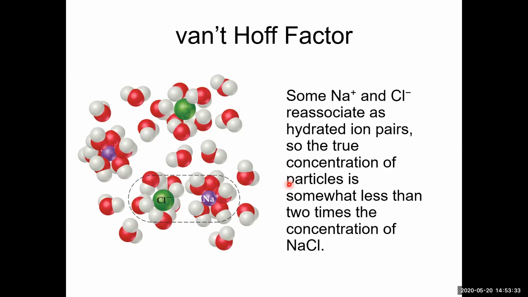So the true concentration of particles is going to be somewhat less than 2 times the concentration of sodium chloride. Before, I said that if you had 1 mole sodium chloride, it's really 2 moles of particles. It's really less than 2, 1.9 something. How much less depends on the concentration of the solution.